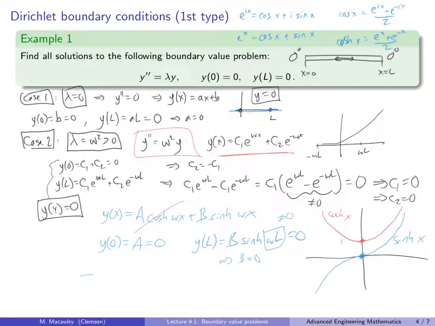So we get right away that y of x equals 0. That's what we obtained up here. It was just easier. We didn't have to deal with this system of equations and solving one for the other. So the moral of the story, a rule of thumb when you're dealing with boundary value problems with functions of x instead of t, is to use sinhs and coshs instead of exponentials.